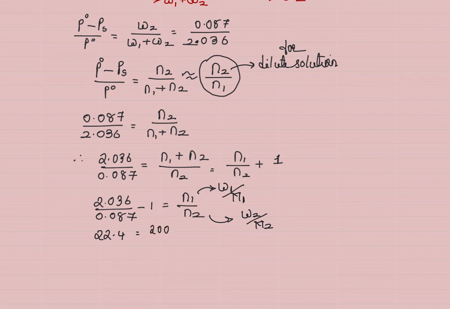We have taken 200 grams of water divided by 18, into molar mass of solute upon weight of solute, which is 26.66. So now we could calculate and get the value of M2. Therefore, M2 comes to around 54 grams per mole. Now this is your answer, and this is how you find out the molar mass of the unknown solute.